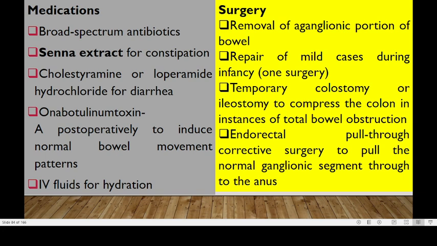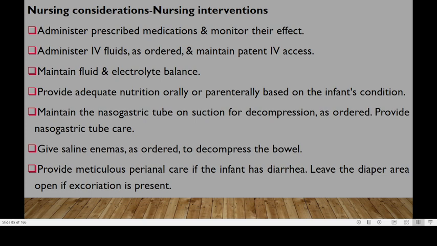You could also perform surgery for removal of the aganglionic portion of the bowel, and repair of mild cases during infancy. That is just one surgery.